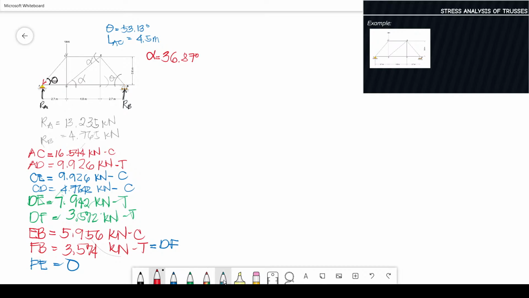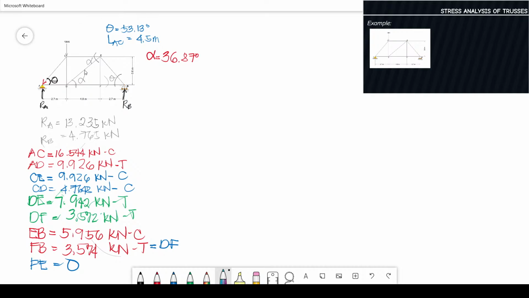You can take either the left part or the right part, as long as you section and cut here. So, section A, like that. Okay?